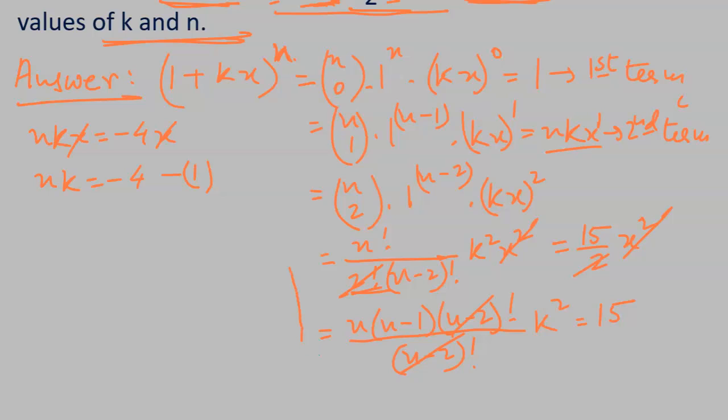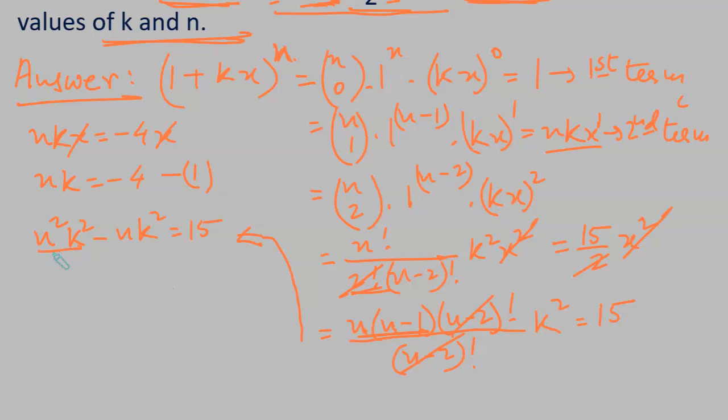Let me come to this part. Okay, so I can expand this. This is n times n is n square times k square, that is n square k square, and n times -1 is negative n times k square. So it is negative n k square is equal to 15. Okay.